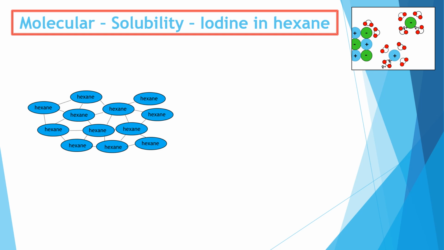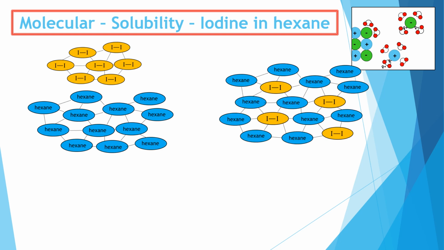Now, if I want to put the iodine and try and dissolve it in the hexane, now remember the iodine had exactly the same type of attractions, these weak intermolecular attractions. Well, it's very easy to break these attractions and have these two different types of molecules that have weak attractions form weak attractions of similar strength between themselves. So this will end up having the iodine molecules dissolved in the hexane.